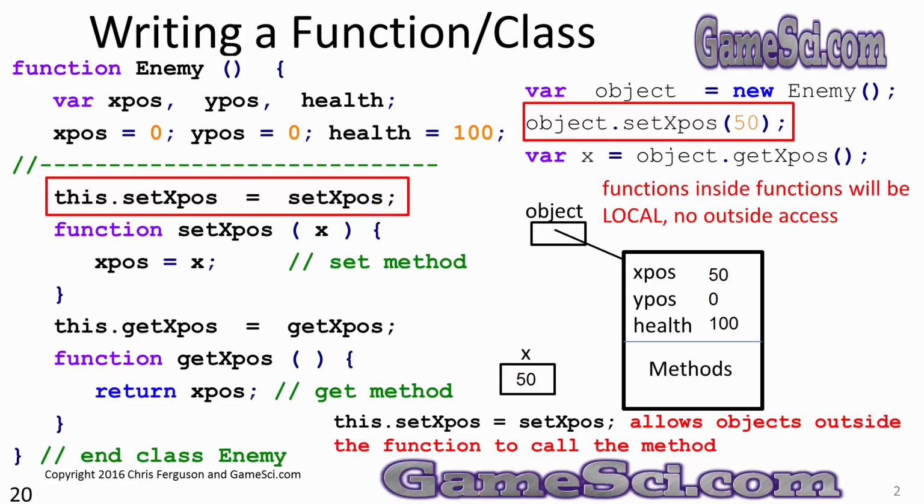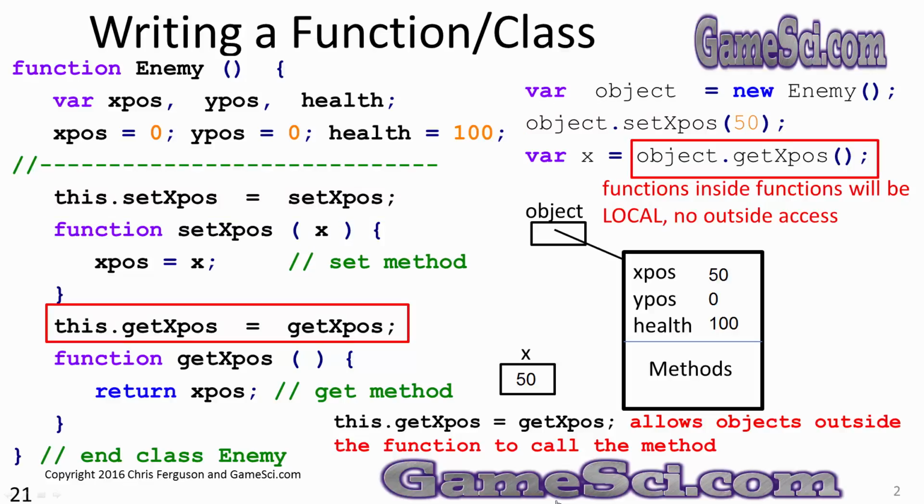So if you have any hopes of calling a method or calling a function within another function, you have to do this line of code. It literally says this object's setExposition function should be set to this setExposition right there. What this does is allow public access to the method setExposition. If you want to call it from outside the object, you're going to have to do this.setExposition equals setExposition.